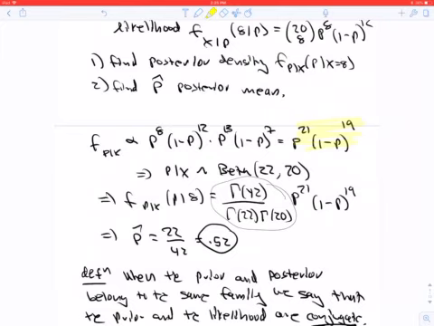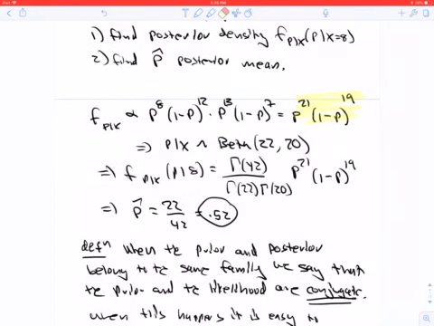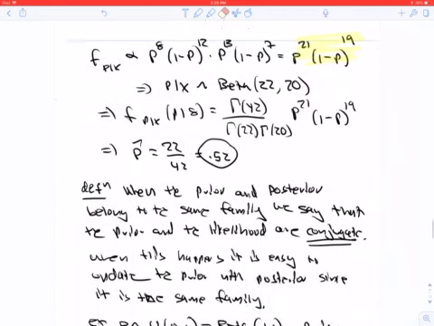That's the variable part. That leads you to see that it's going to be beta(22, 20), and you know the density for beta(22, 20), so you just know the constant part without having to calculate it. And then we can see that the posterior mean is 0.52.